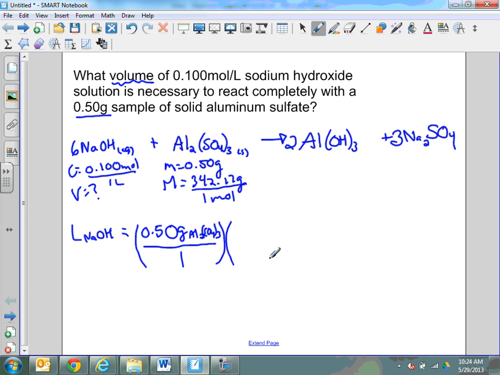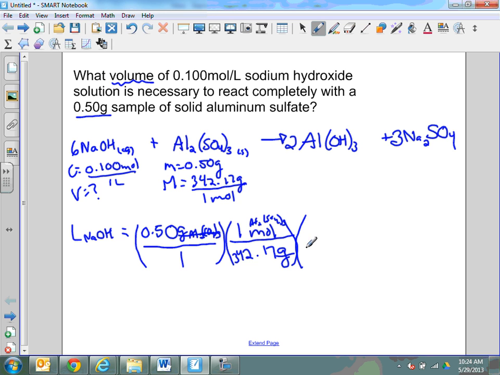What's up goes down, so I need to write grams in the denominator. So I've got 342.17 grams for every 1 mole. My grams will cancel. Now this leaves me with moles of aluminum sulfate. So I want to convert moles of my known to moles of my unknown.